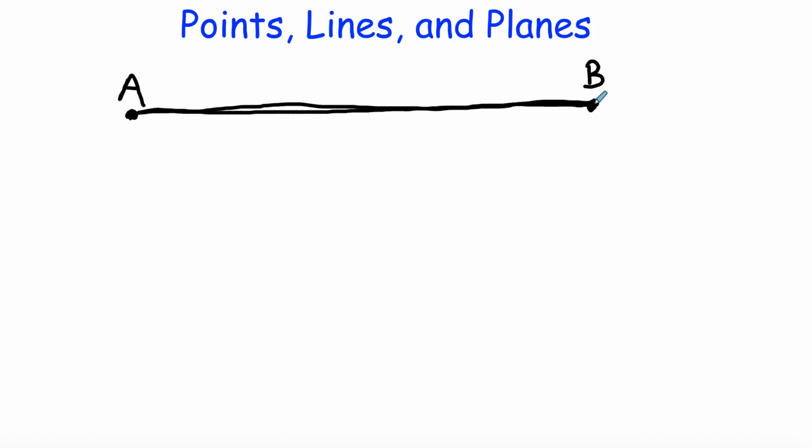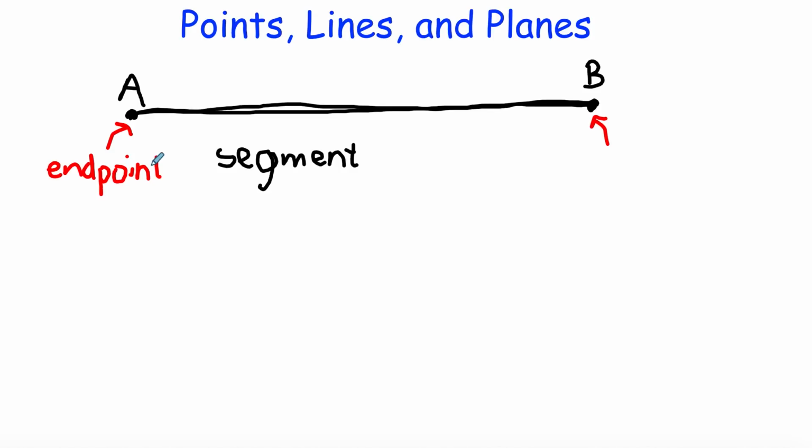That straight path between those 2 points, that is called a segment. Okay, so that is a segment, a straight path between 2 points, and the points that are on the end of a segment are called endpoints. Okay, so these are endpoints, and those come at the end of a segment.